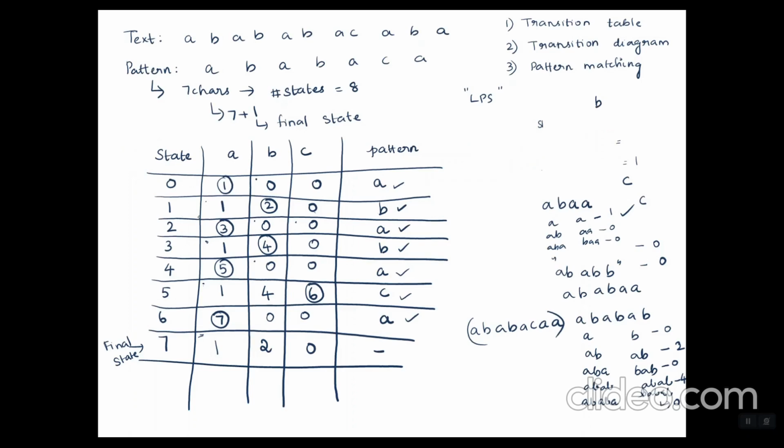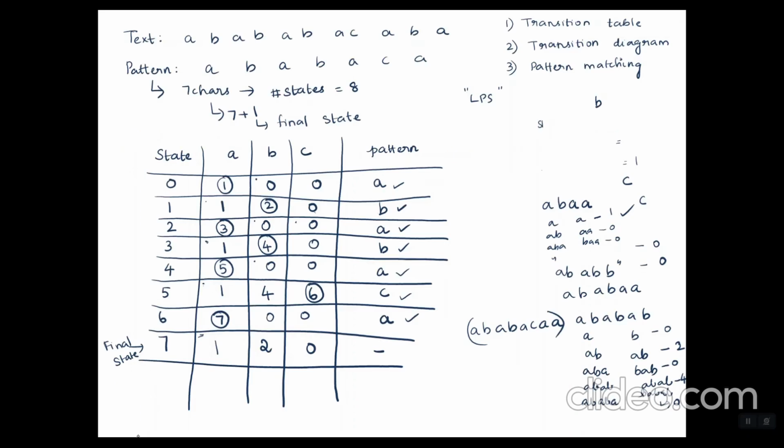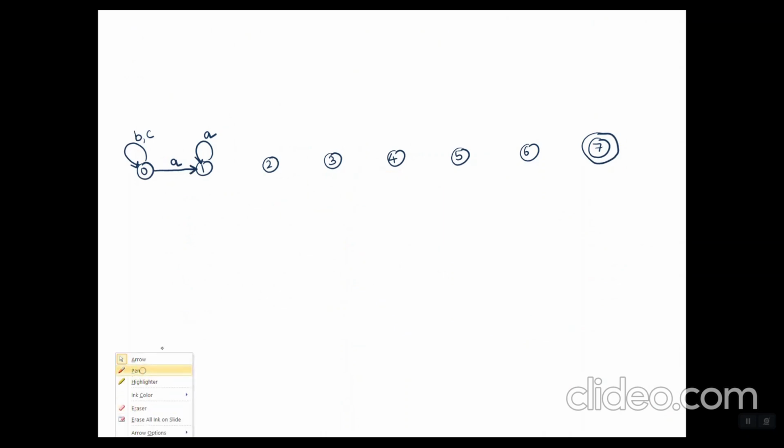Coming to state 1, it accepts A and goes to state 1, so it is a loop again. State 1 accepts B and goes to state 2.